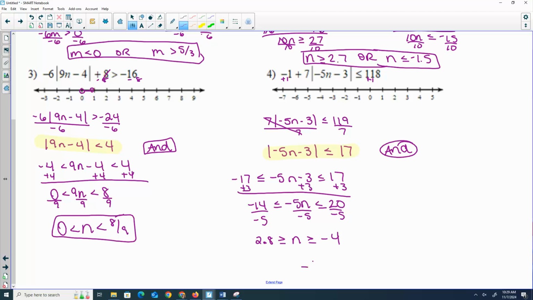You could flip that around, that means -4 is less than or equal to n, is less than or equal to 2.8, either way, but we have to be able to graph it. So it's saying, we know and is in between, starts at -4, ends at 2.8, and it's in between the two.